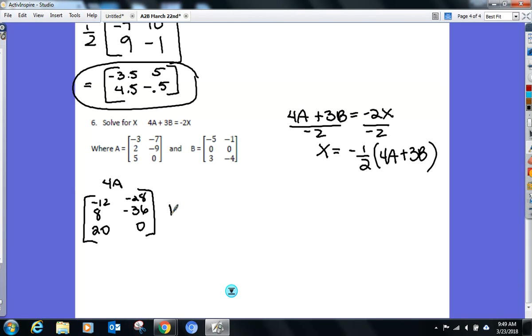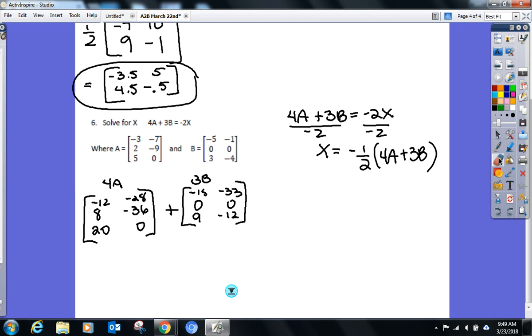We're adding that to 3b. Negative 15, negative 33, 0, 0, 9, and oh, that looked like an 11 at first glance. Sorry.